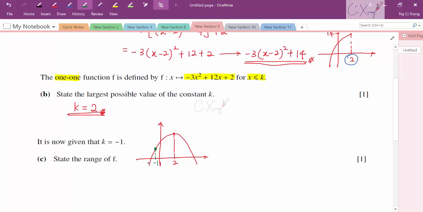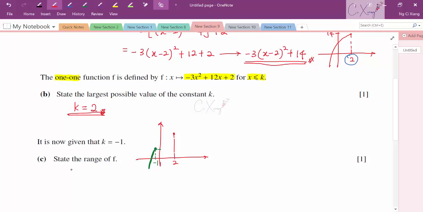Let's say this is negative 1. It means that x smaller than or equal to negative 1 means we only consider this part of the graph in green color. So this green graph is for the domain where x is smaller than or equal to negative 1. And we want to find out the value of y at x equals negative 1.